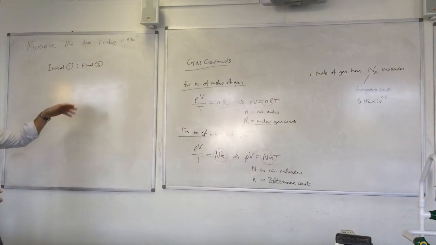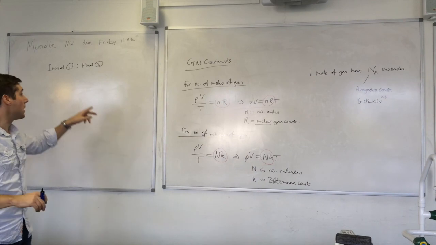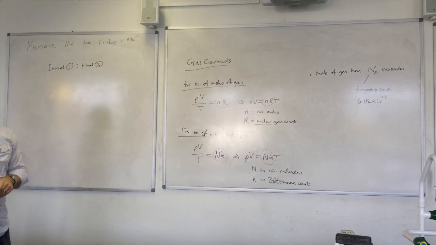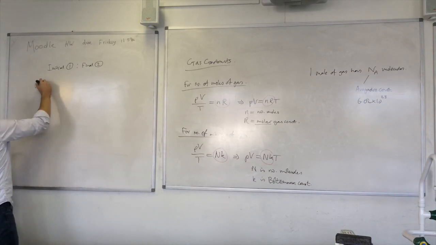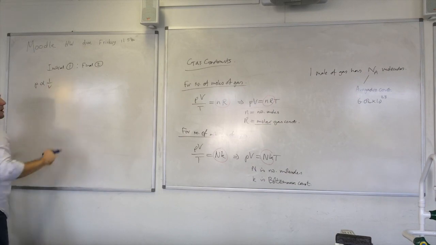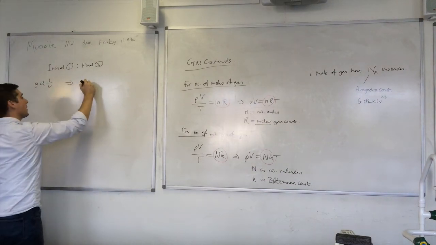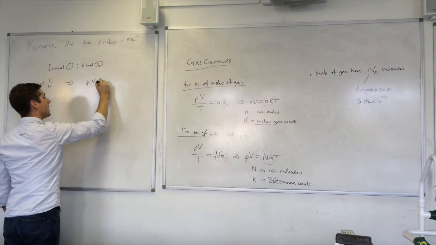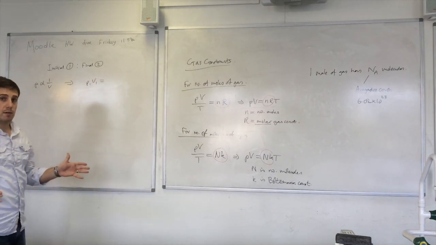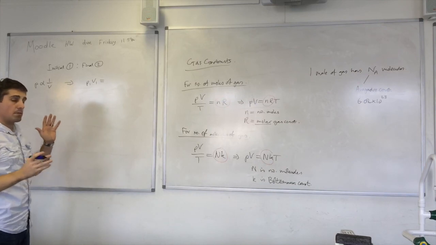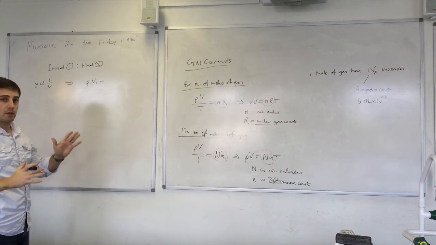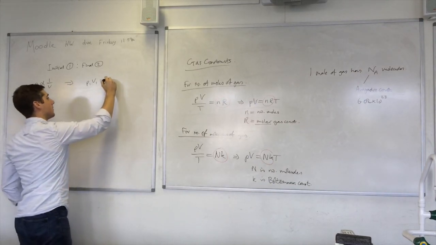Anything with a subscript 1 is an initial condition, and anything with a subscript 2 is a final condition. If pressure is inversely proportional to volume, then P1V1 is equal to a constant. And that means that P2V2 will also be equal to the same constant, and therefore they're equal to each other.